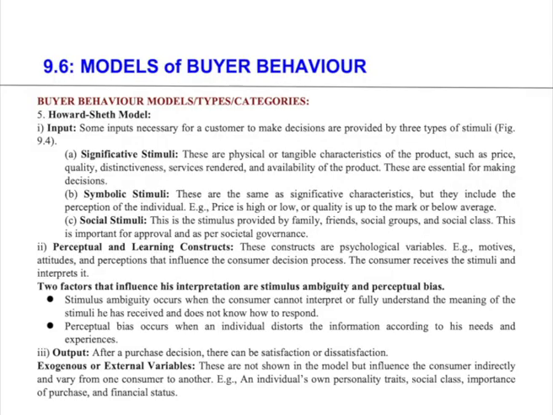So, here in terms of a Howard-Sheth model, the first stage is the input stage, that is, there is something called significative stimuli. What are these? These are physical or tangible characteristics of a product. For example, the packaging, the size, the price, the quality, etc. Second is symbolic stimuli.